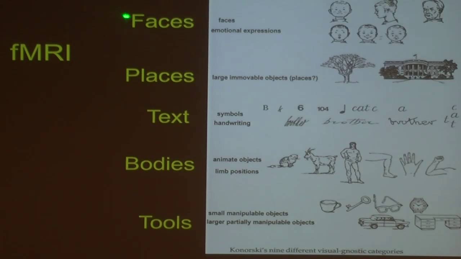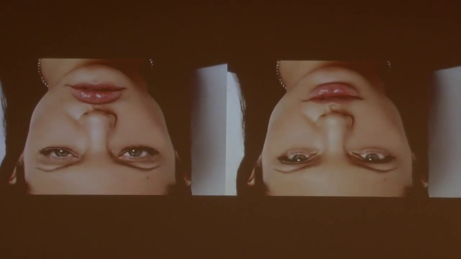And of course, with fMRI, we can now see that we do have domains for faces, places, text, bodies, and tools. But why do we have these domains? I think they make us expert at processing these different object categories because they allow us to do fine within category comparisons. Now, we are experts at these things. You probably don't think you're an expert at processing faces, but I'm going to show you how expert you are.